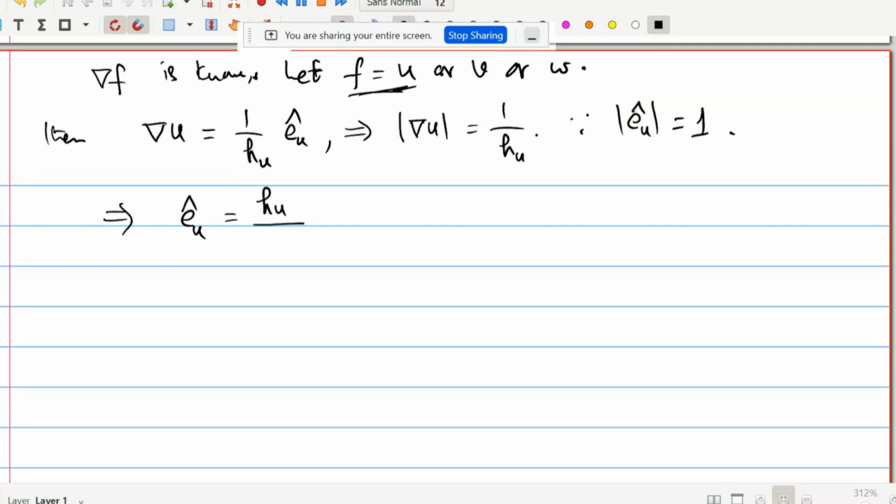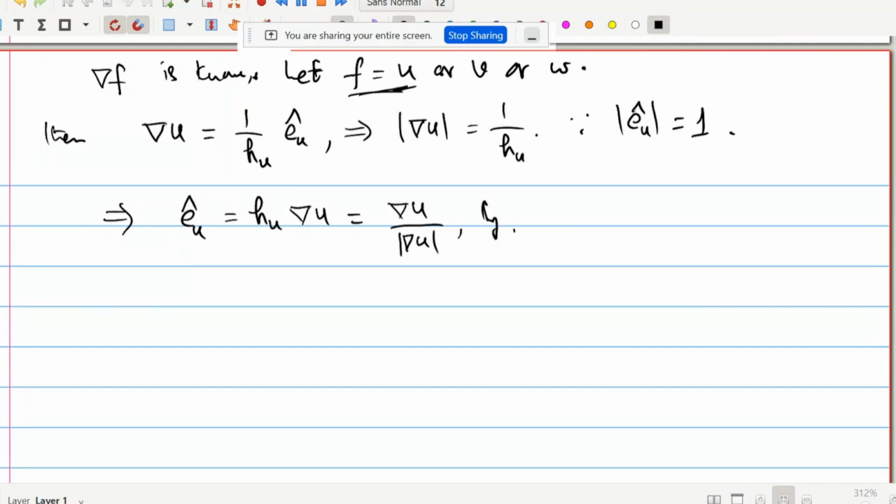So if I want to write in terms of, let me write, eu cap equal to hu into gradient of u. So hu is actually 1 over the modulus of gradient of u, so gradient of u divided by its modulus. That's what you will get.